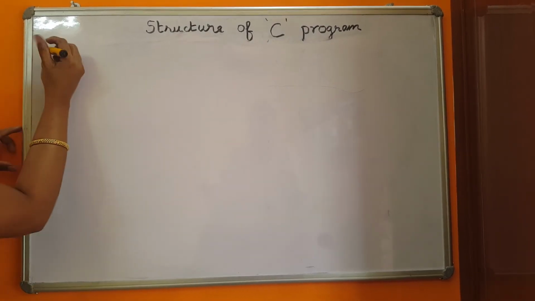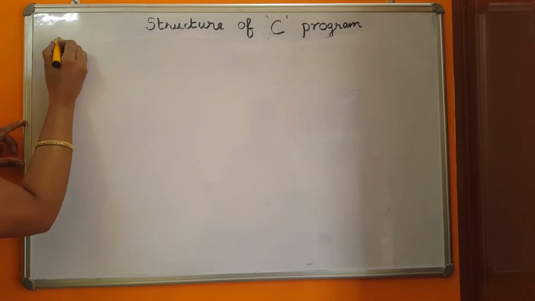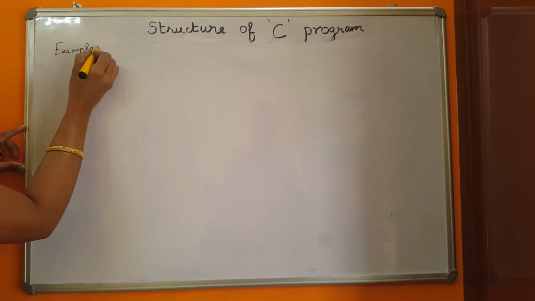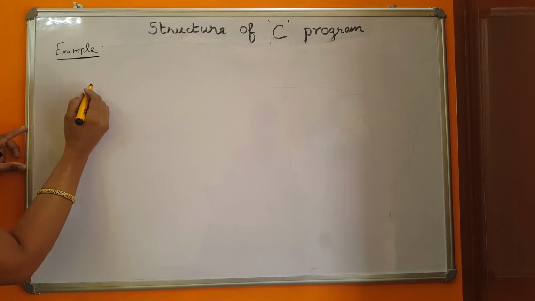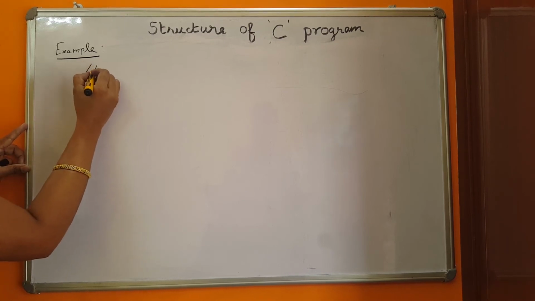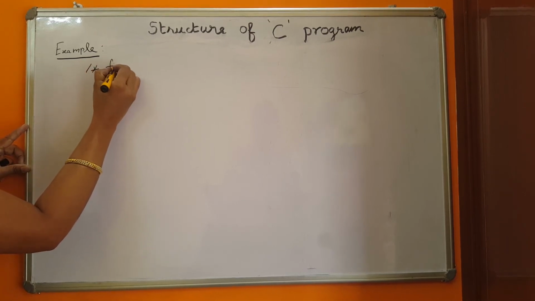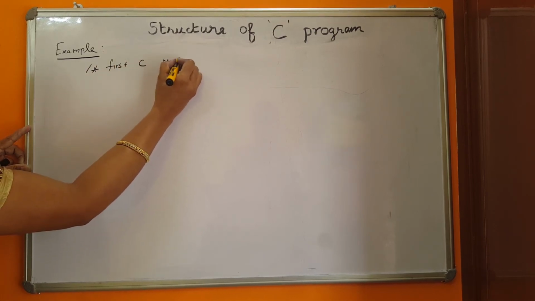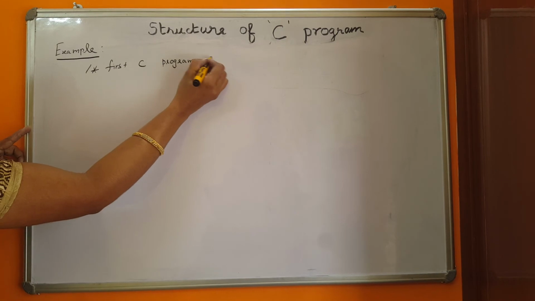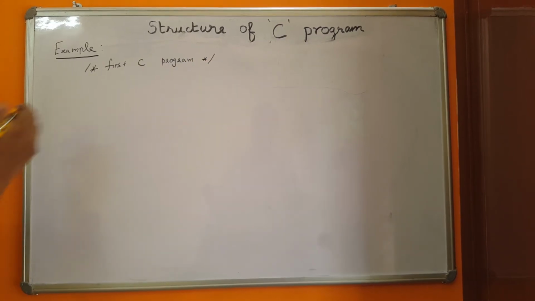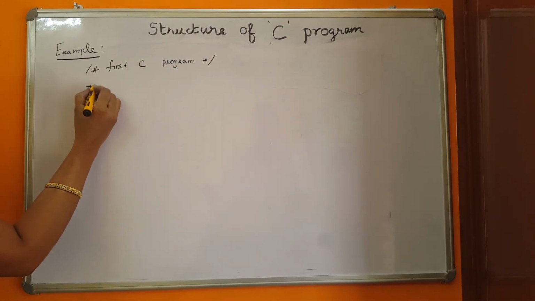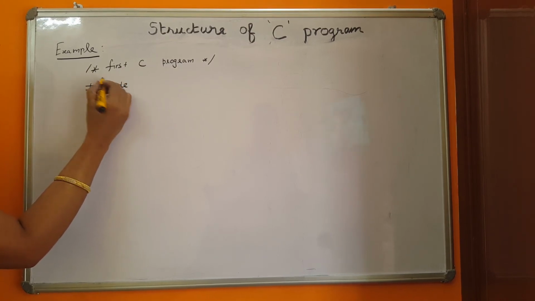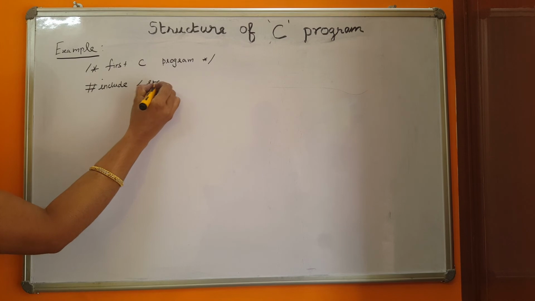Now one C example program. These are comment lines. It is given in documentation section. The next section is link section. We include the system library file.